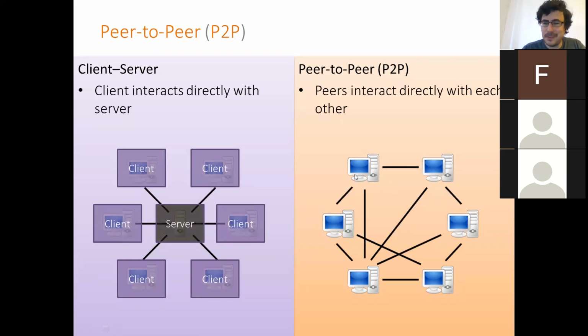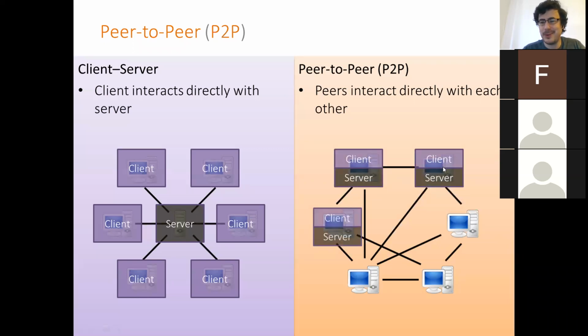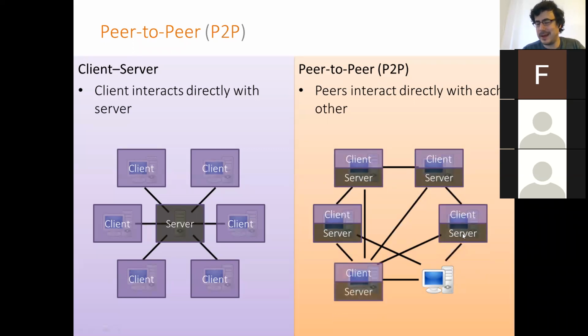And here in the purest form of peer-to-peer abstraction, we could say that every peer is both a client and a server, right? It has some of the responsibilities of serving requests or being the server. And in other cases, it can ask things from its peers as a client. So essentially, each peer is somehow acting as both.